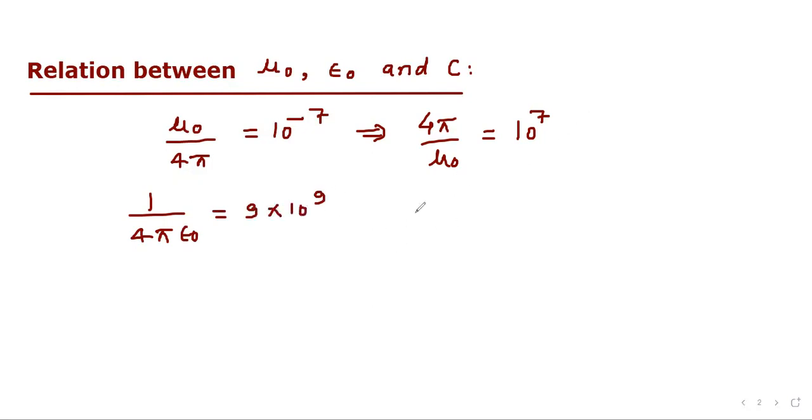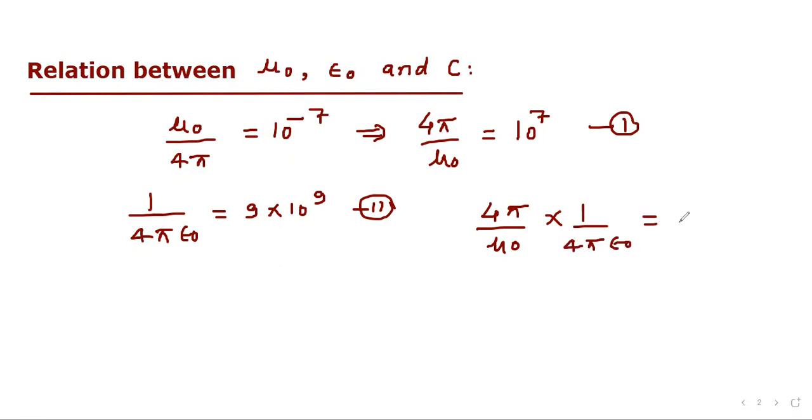If we multiply 1 and 2, so 4 pi upon mu naught times 1 upon 4 pi epsilon naught will be equal to 9 into 10 power 9 into 10 power 7. That is 9 into 10 to the power 16, which is 3 into 10 to the power 8 whole square.